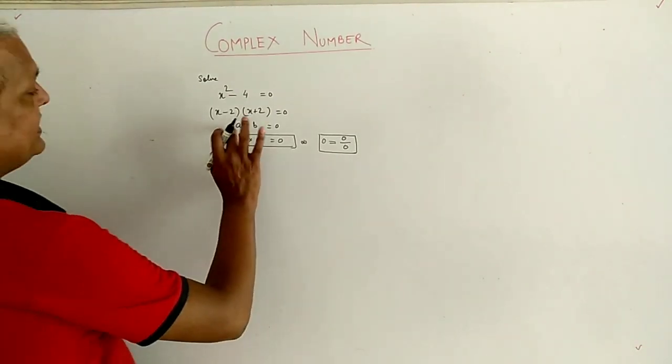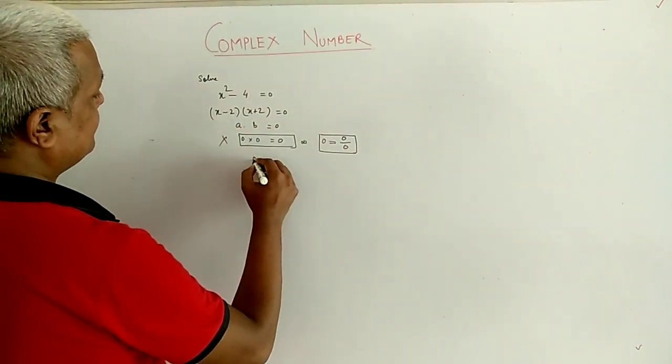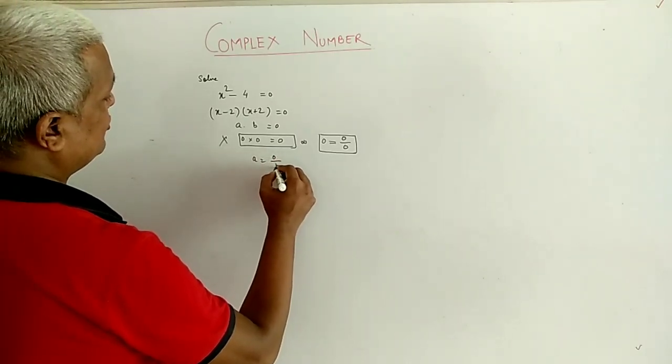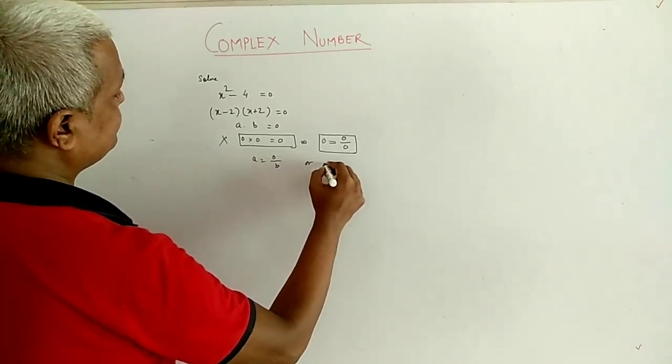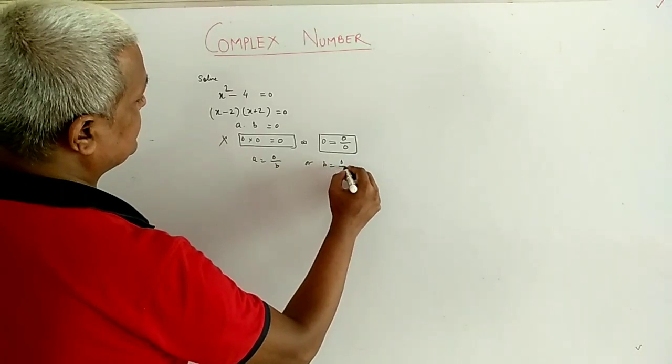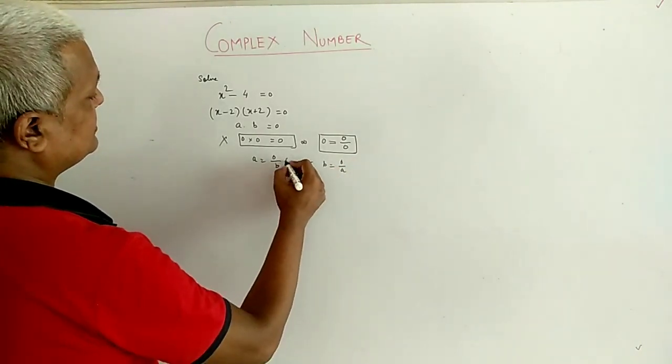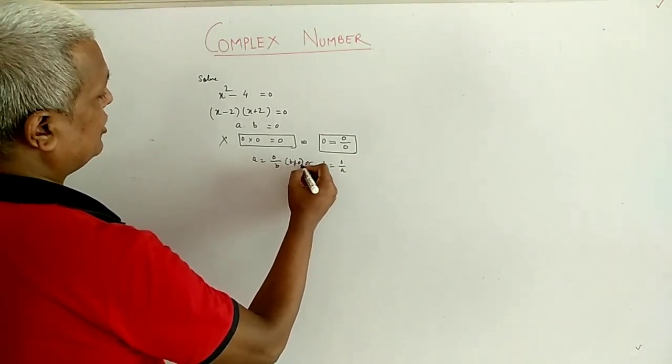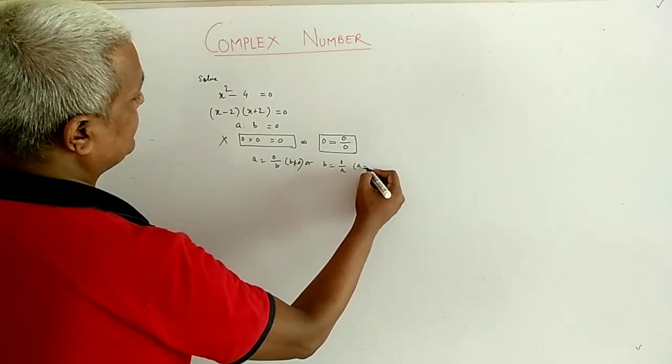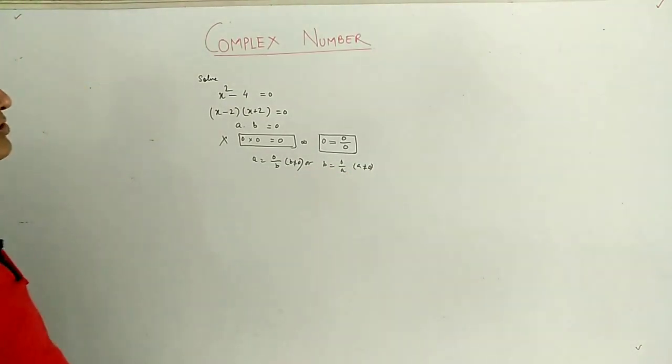So when a times b is 0, then a is 0 over b or b is 0 over a, and in this condition b is not equal to 0 and a is not equal to 0.